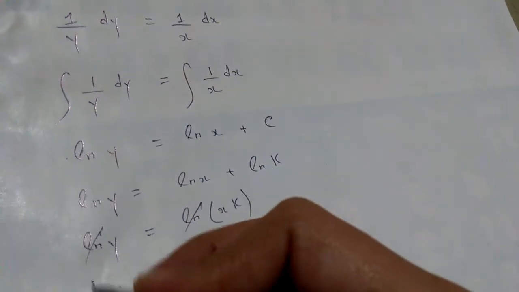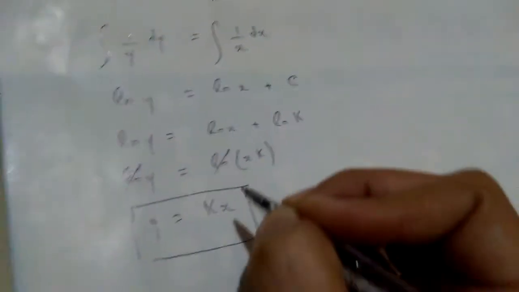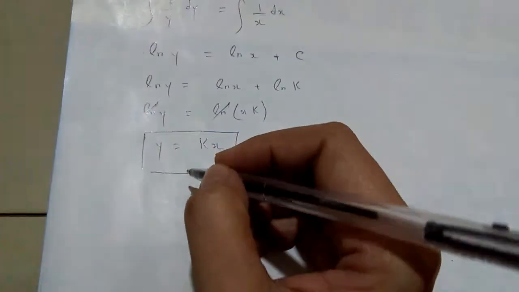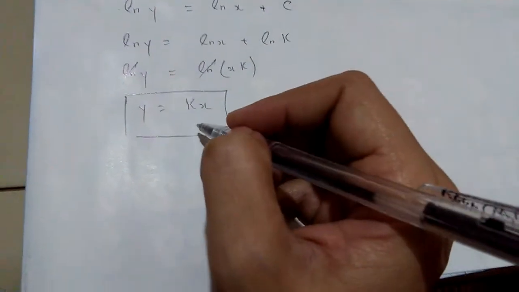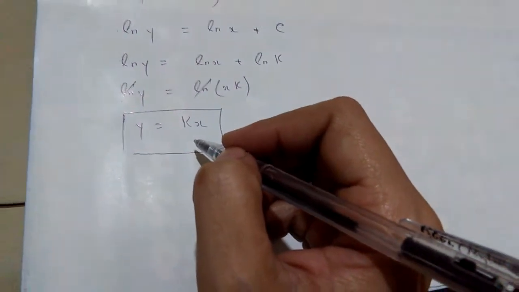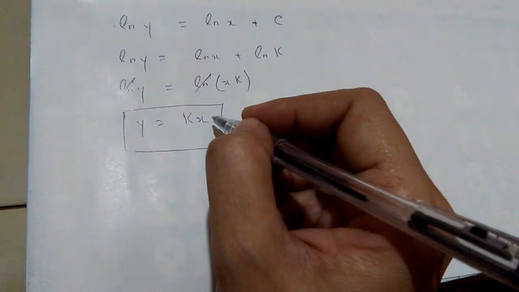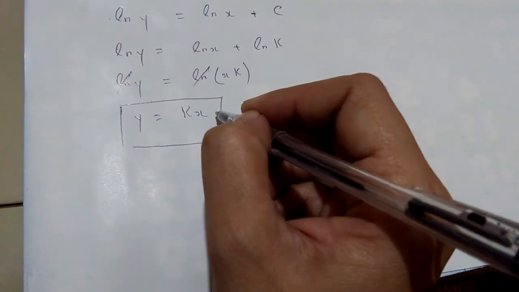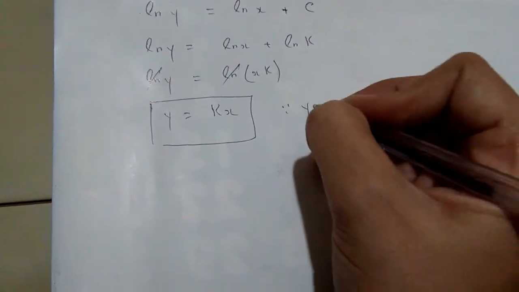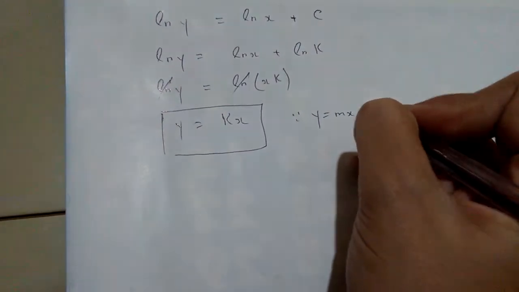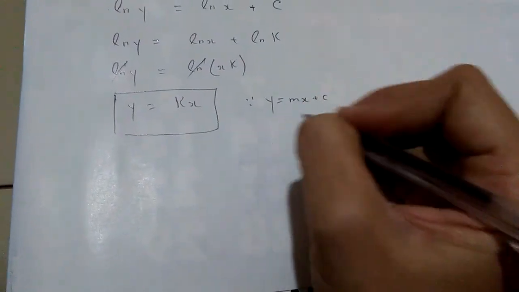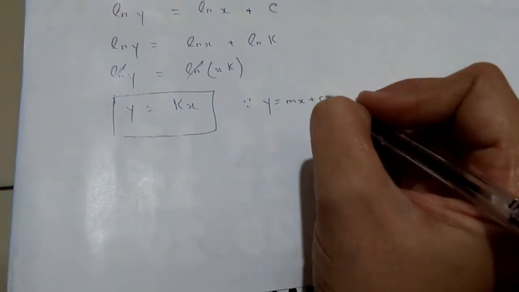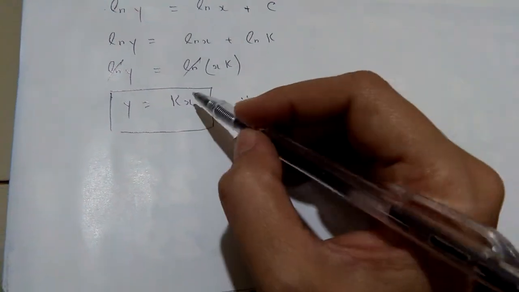Now you can see this is the equation of a straight line passing through the origin, because the y-intercept is 0 here, following this format of linear equations.